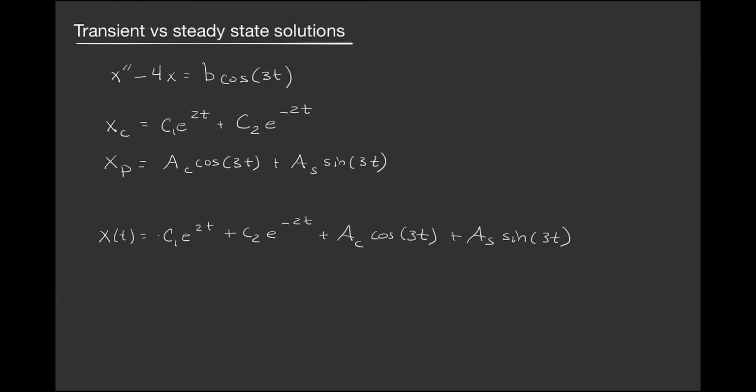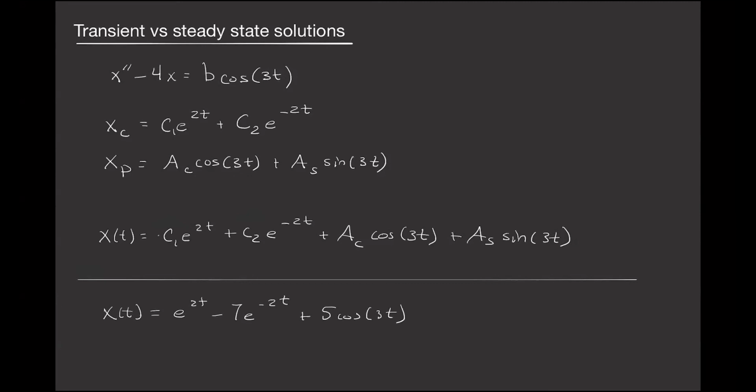But all that aside, to make it a little more clear what's happening, let's say we end up with c1, c2 that looks something like e to the 2t minus 7 e to the negative 2t plus 5 cosine 3t. And maybe that's it. Maybe a_s is 0, but whichever.